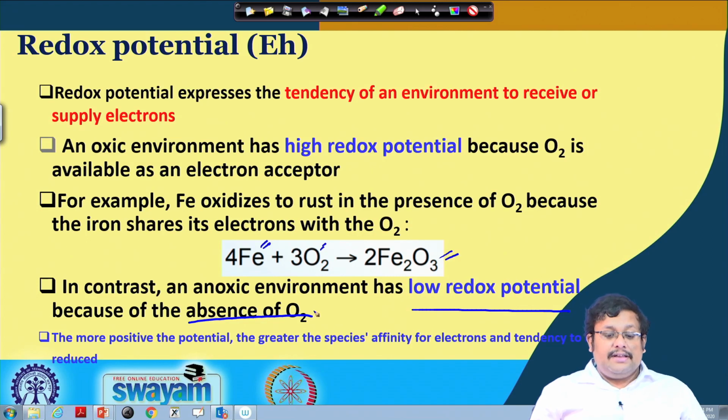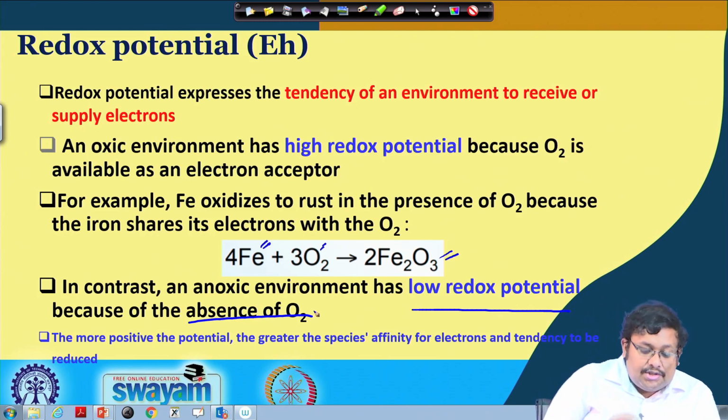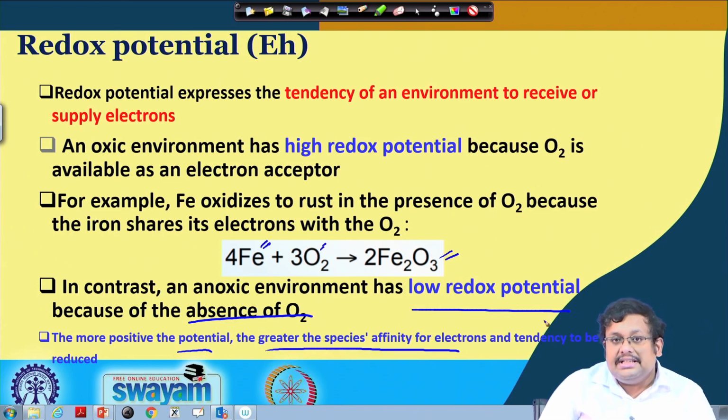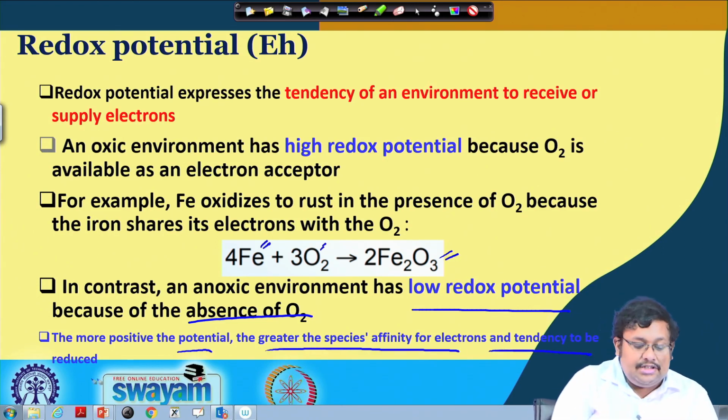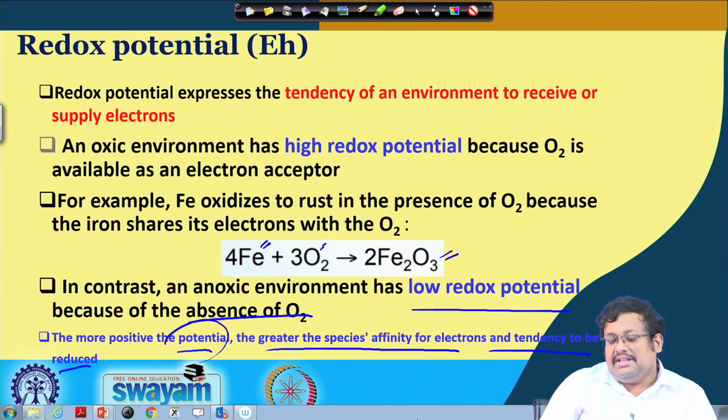An oxic environment has high redox potential; an anoxic environment has low redox potential because of the absence of oxygen. The more positive the potential, the greater is the species' affinity for electrons and tendency to be reduced. In other words, the higher the redox potential, the greater the affinity for electrons and tendency to be reduced.